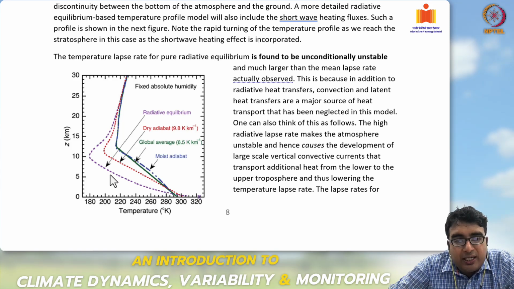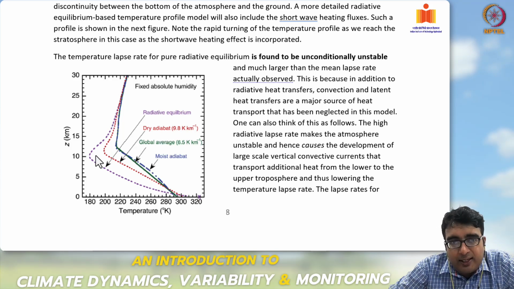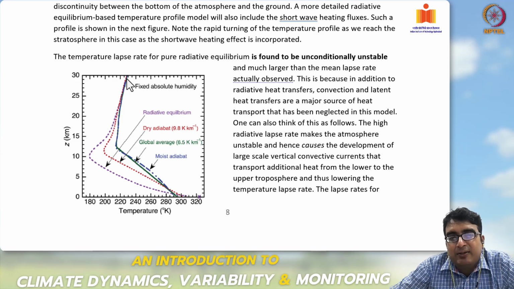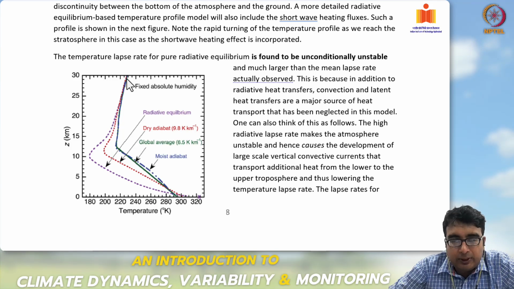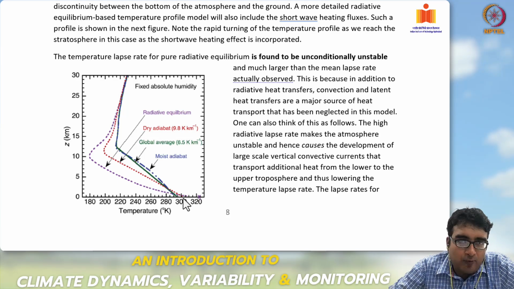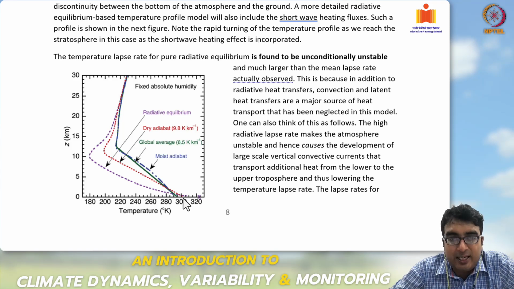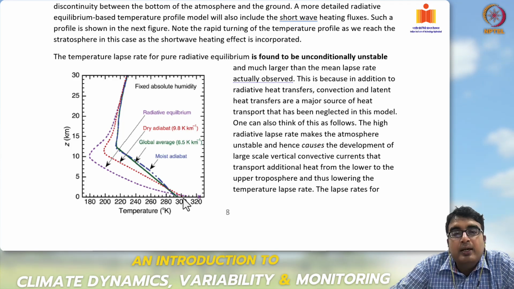It decreases rapidly to around 10 kilometers, where the shortwave heating starts to take effect, and in the troposphere it kind of increases. Temperature starts to go back up. Okay, so this is the actual radiative equilibrium temperature profile when all the absorbing species are taken into account and shortwave heating is also taken into account. Okay.